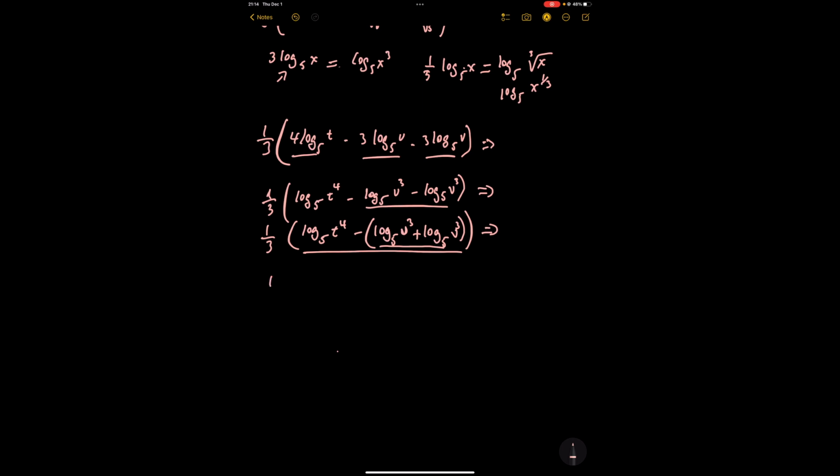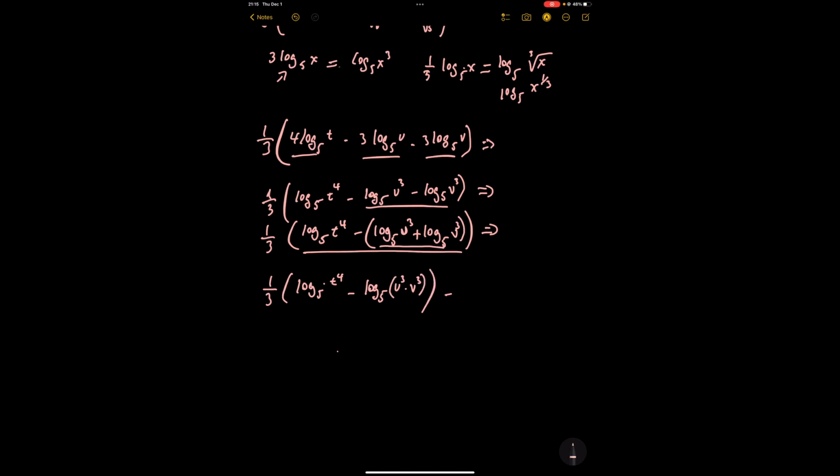So that will be 1/3 log 5 t to the 4 minus log 5 of u cubed times v cubed.